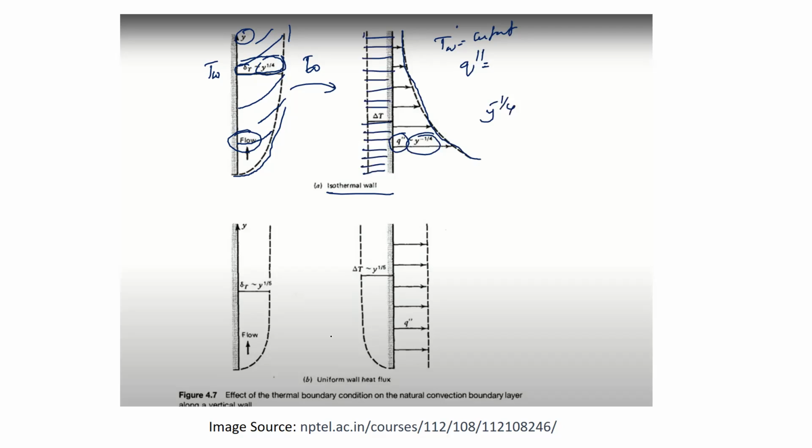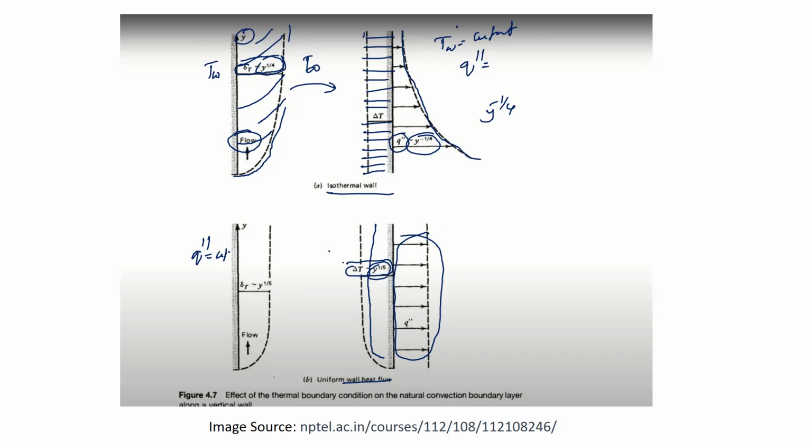But come to this uniform wall heat flux. Here Q double prime is constant. See, it is constant, you can see here. At that time, what should happen to the temperature? The temperature should vary like this. It should increase, following a y raised to 1 by 5 pattern.